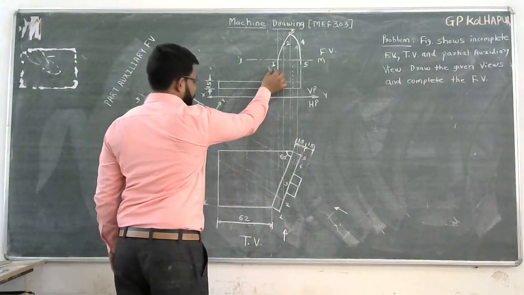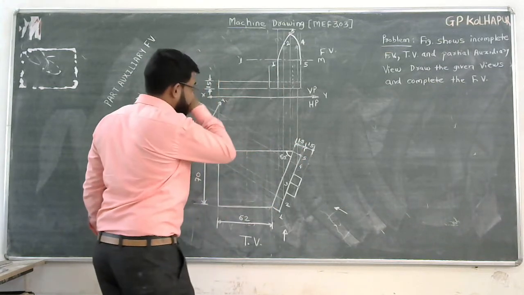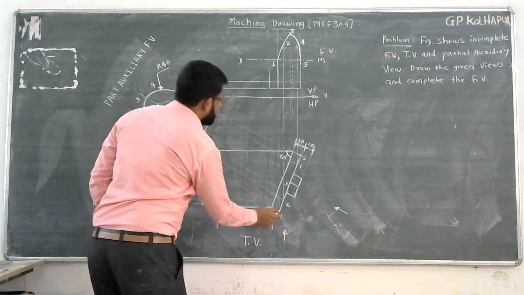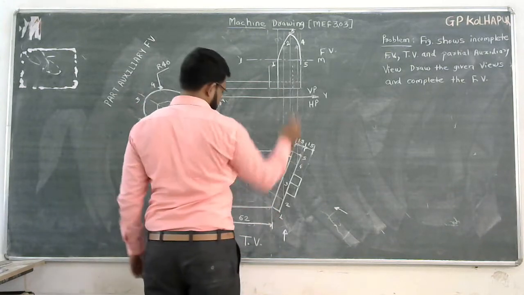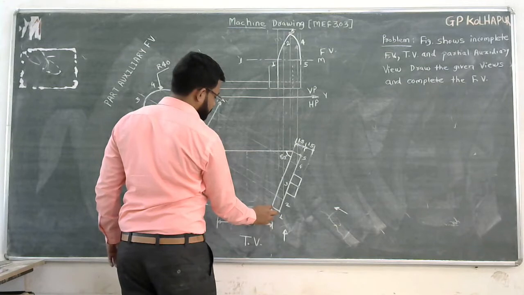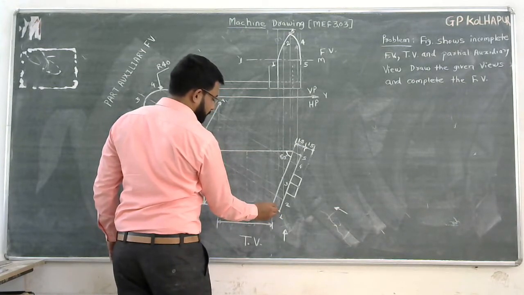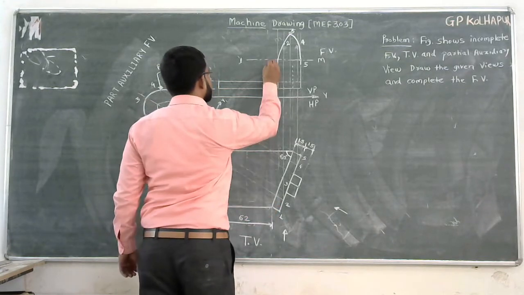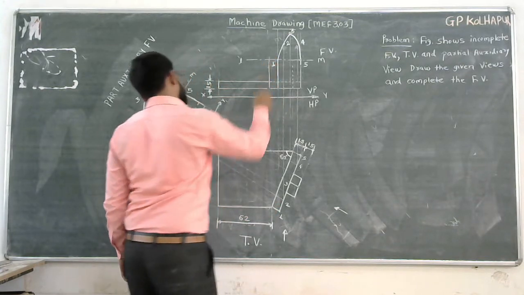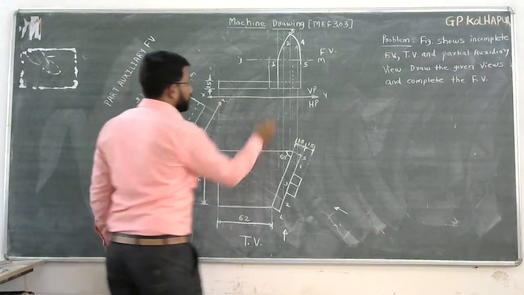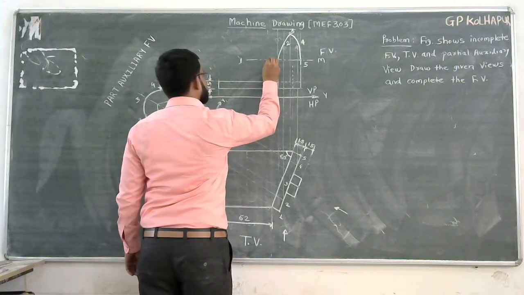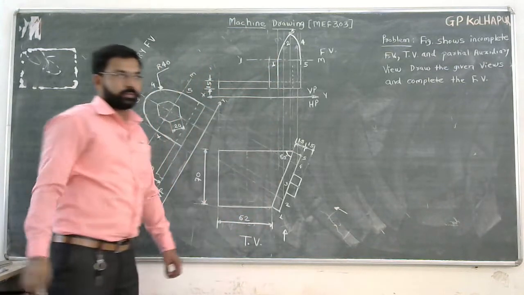So in this view, how much will be the thickness? You have to transfer this point. I have transferred this point 1. 1 will be at this point. So I have to take the projector from this edge, and now this will be the point at distance of 15 mm thickness.